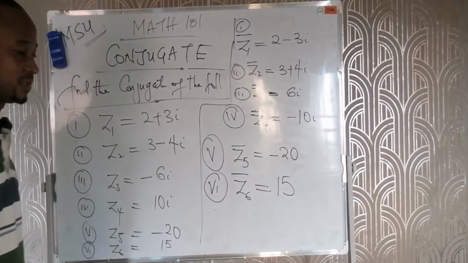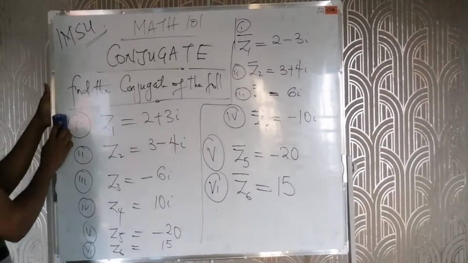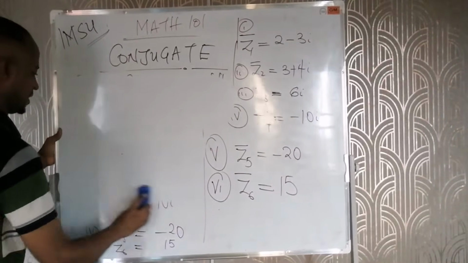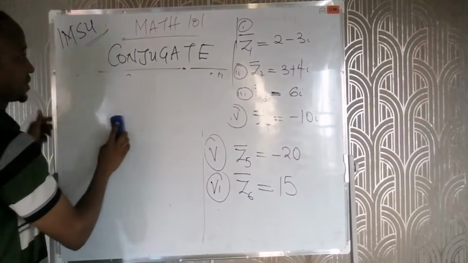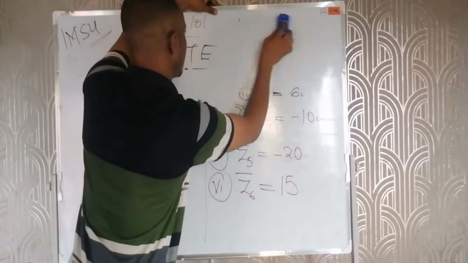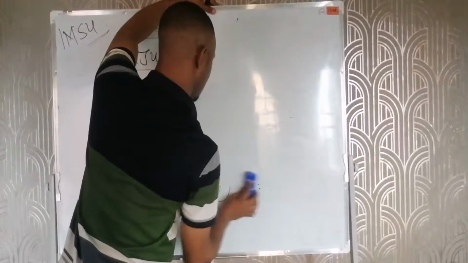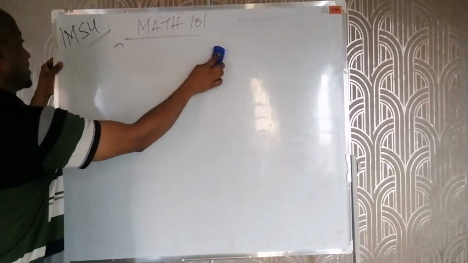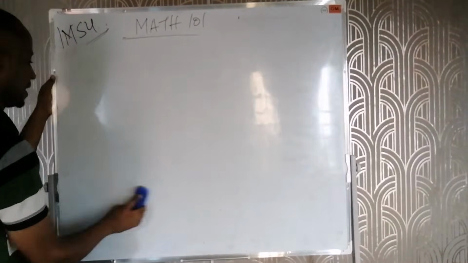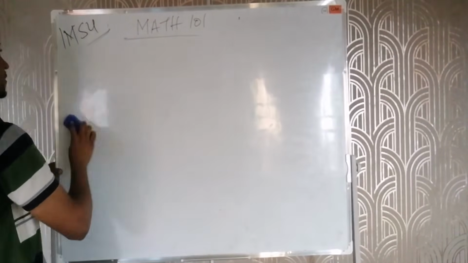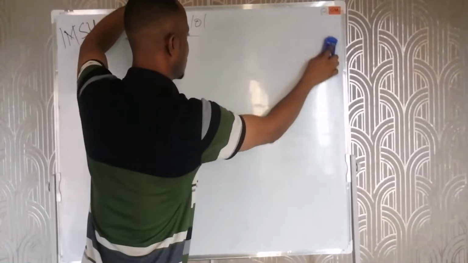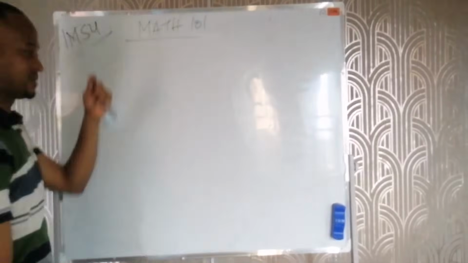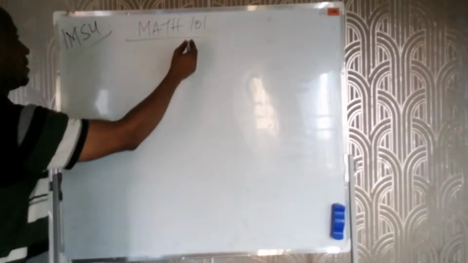All right, so let's move on to the next part, which is division of complex numbers, division of two or more complex numbers. Now we have seen how to find the conjugate of two or more complex numbers, right?